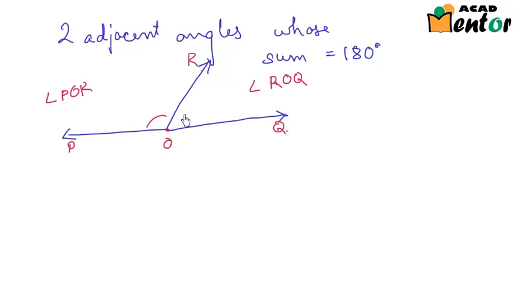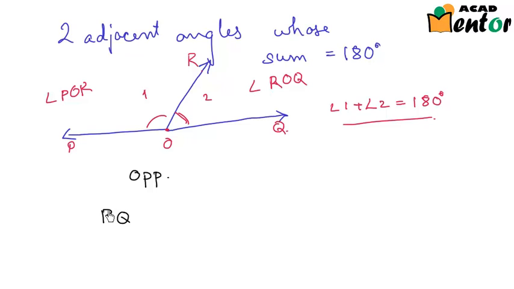So these are two adjacent angles. I also know that the sum of these two, angle 1 plus angle 2, is given as 180 degrees. Now can I say something about these rays OP and OQ? Yes, I can say that these two rays OP and OQ are opposite to each other, and hence PQ forms a line.